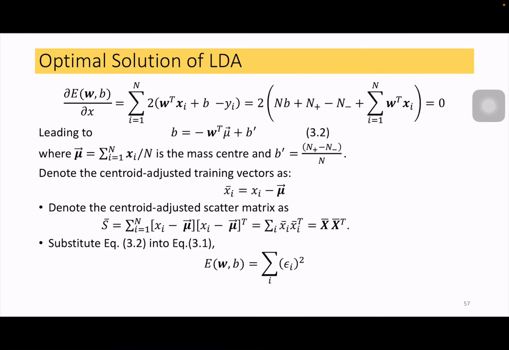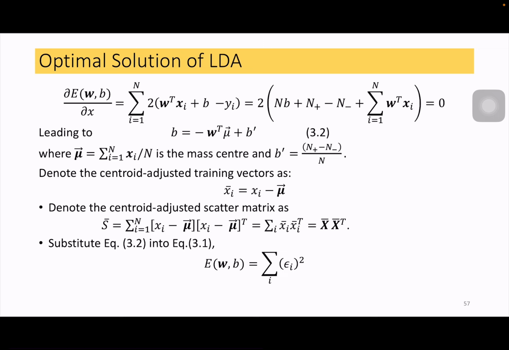So for the optimal solution for LDA, linear discriminant analysis, we differentiate E, the error term, with respect to b, which leads to b equals minus W transpose mu, where mu equals the summation of x over n is the mass center, and where b is (n plus minus n minus) divided by n.